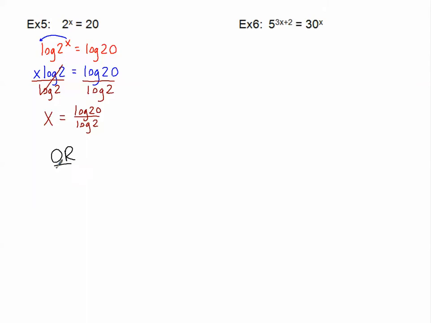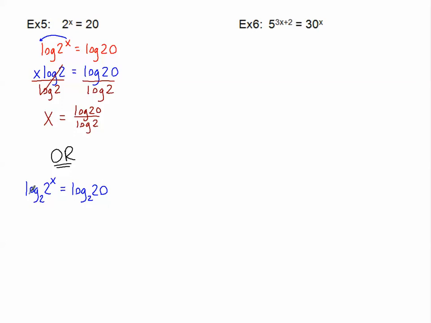Or, let me show you another way. Instead of taking the common log of both sides, since I'm dealing with base 2, how about I take the log base 2 of both sides? So the log base 2 of 2 to the x and the log base 2 of 20. Do you see what's happening here?